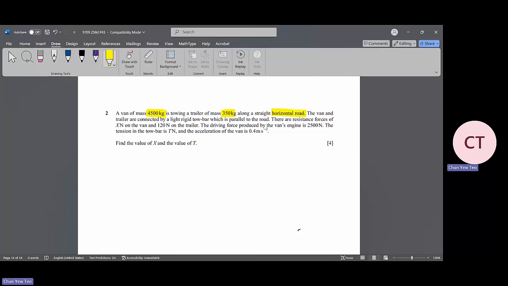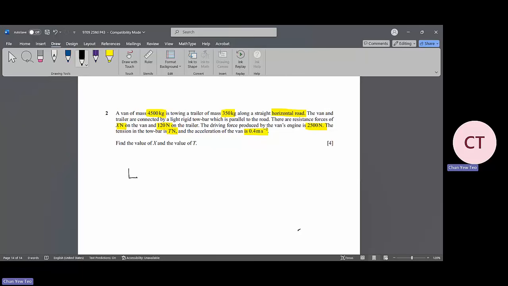The van and the trailer are connected by a light rigid tow bar which is parallel to the road. There are resistance forces of X newtons on the van and 120 newtons on the trailer. The driving force produced by the van engine is 2,500 newtons. The tension in the tow bar is D newtons and the acceleration of the van is 0.4 meters per second squared.